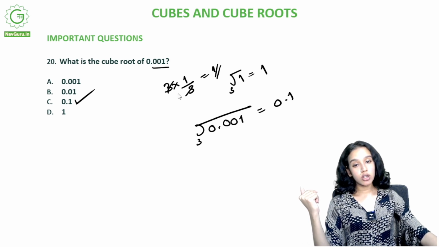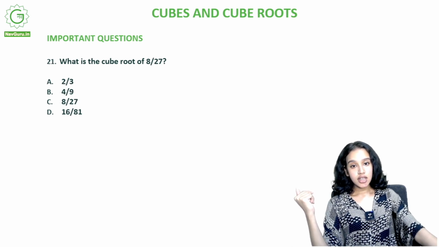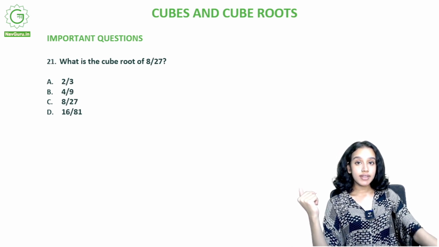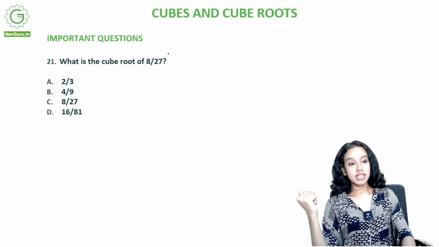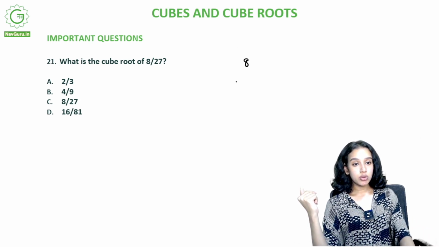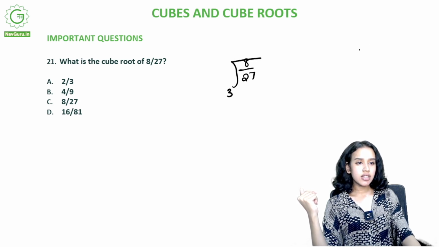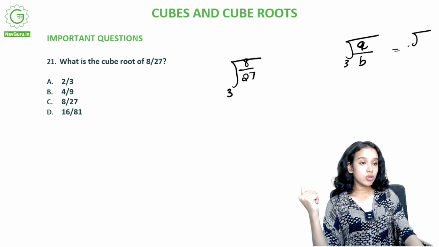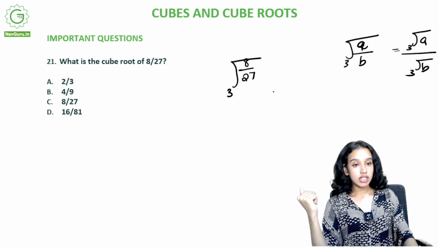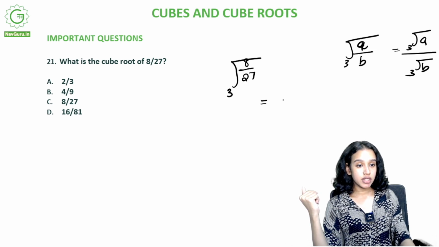Now, moving on to the next question. What is the cube root of 8 by 27? Let's see. Again, this is in the form of cube root of a by b, which gives us cube root of a by cube root of b. So, cube root of 8 by 27 means cube root of 8 by cube root of 27.